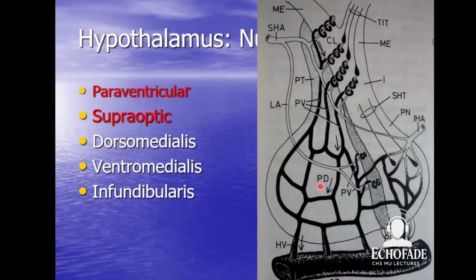So we have portal veins that transport the hormone to the adenohypophysis. The hormones then leave the blood vessels and stimulate the cells within the adenohypophysis, and those cells now produce hormones which are transported to the target organs. So this is what we have as the hypothalamus: magnocellular and parvocellular nuclei.